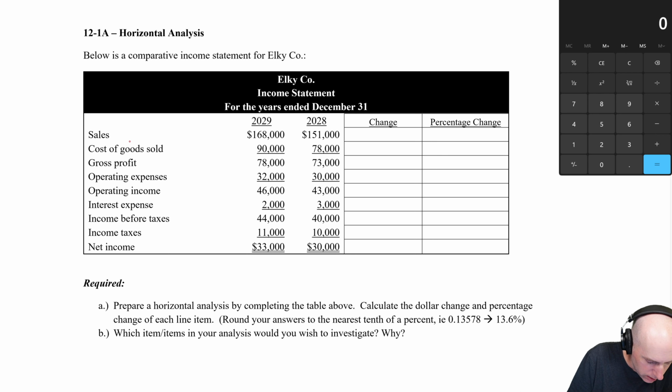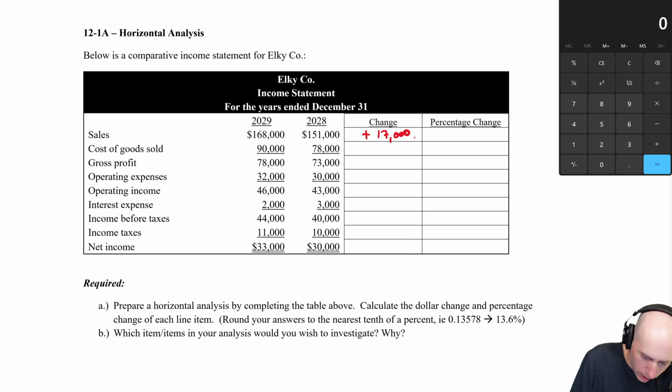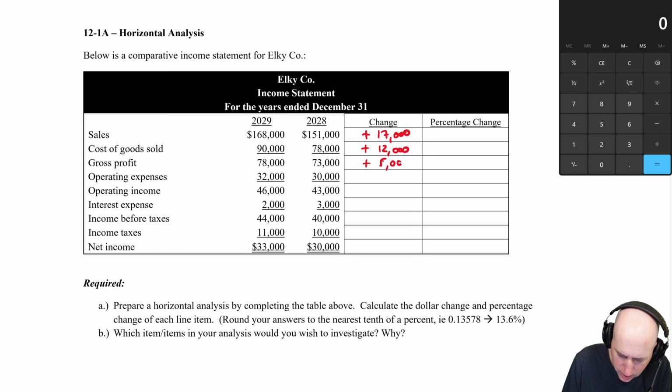So it says prepare a horizontal analysis by completing the table above, compute the dollar change and percentage change of each line item. Okay, so our sales, what happened to our sales? They went from 151 to 168. That is plus $17,000, right? Our sales are up by $17,000. Our cost of goods sold, that's up by, is that $12,000? Our gross profit is up by $5,000, 73 to 78.